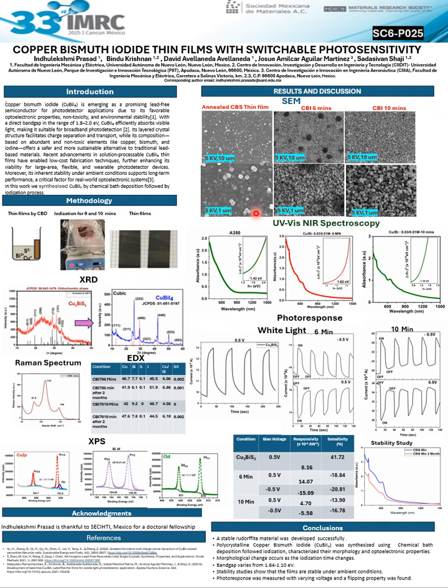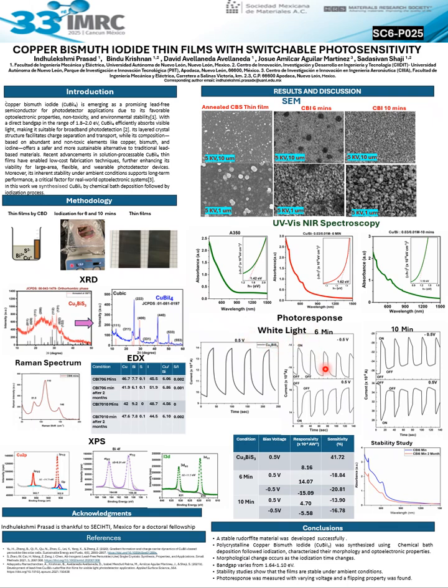For copper bismuth sulfide, the band gap obtained was 1.42, and for the iodized film, the band gap varied from 1.62 to 1.10 electron volt, which implies that this material can detect up to the near IR.